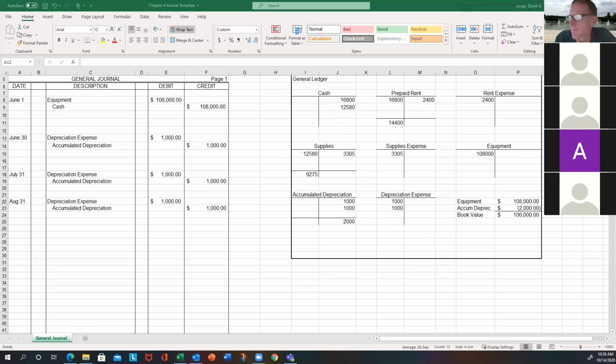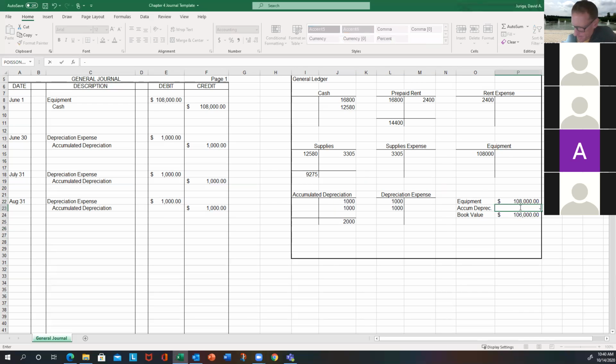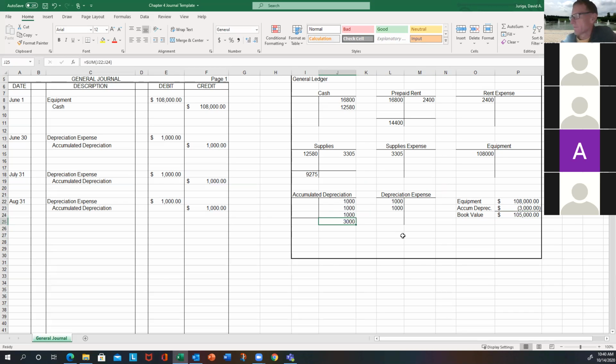It just would have, by you adding the other month, instead of being 2,000, it would have been 3. So the more ledgers you have, the higher the depreciation, right? The higher the accumulated depreciation. Yeah, yep. So eventually what will happen is, you see how as we keep going, the accumulated depreciation keeps on increasing.